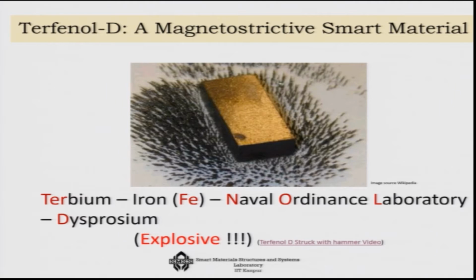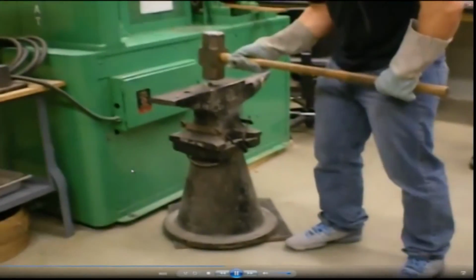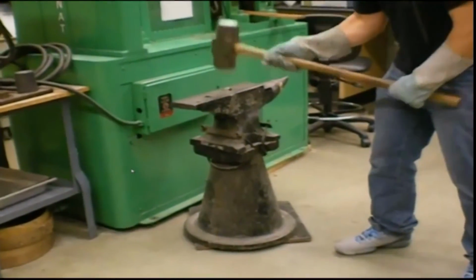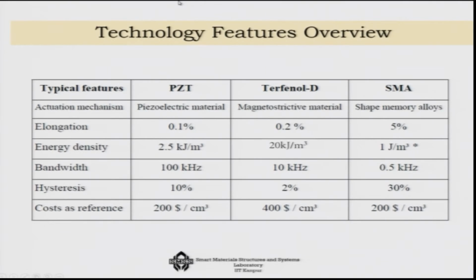In fact, they are quite explosive. In this small video, you see that if I strike a terfenol-D material with a hammer, you will see how explosive this whole system becomes. So, you can see that the energy density is phenomenally high in this system. So, that is terfenol-D.